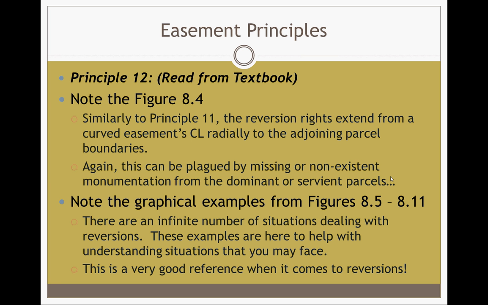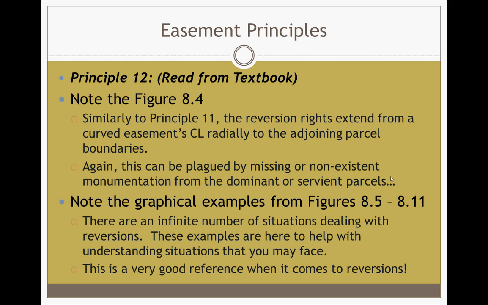Now note the graphical examples all the way from 8.5 to 8.11, starting on page 223, all the way through 224, 225, 226, and 227. You'll see where the reversionary rights can be changed based on the shape of the road, based on the math that's done, based on whether there's an indetermination of where the boundary should be. There's an infinite number of situations when dealing with reversions.